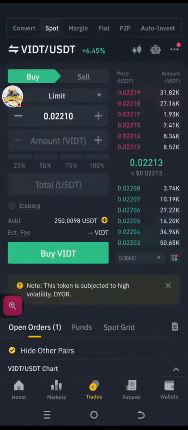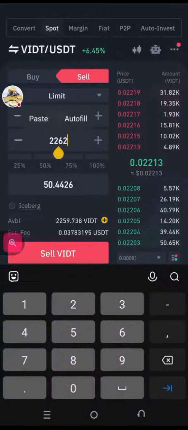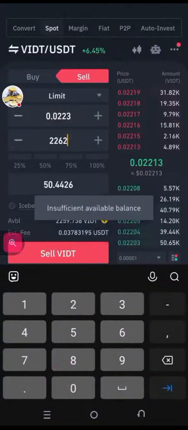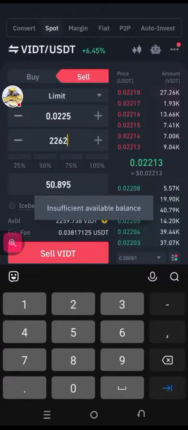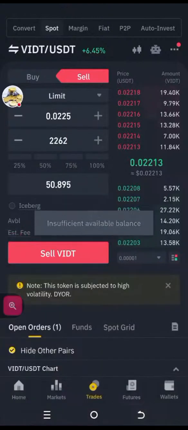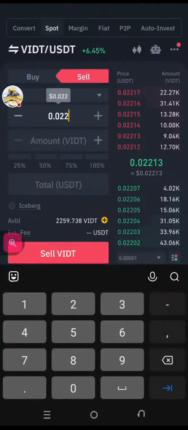So we go and try this out, okay? VIDT, let's put 223 and let's see. We're just testing it out anyway. 225, and let's see. 89 cents. Can I get it at 227?